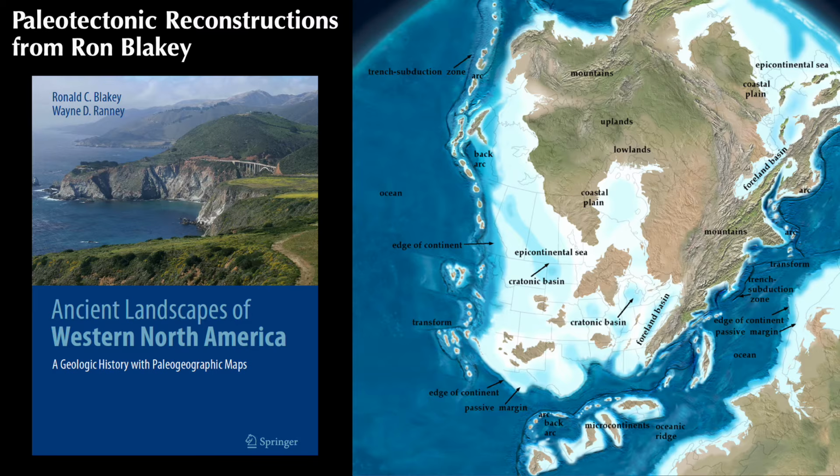And their paleogeographic maps include a lot of nice detail as shown on the right-hand image, including topography that might be associated with different types of plate boundaries, for example, trenches versus mountain belts, different types of oceanic and continental basins, etc. So I'll be using a lot of these paleogeographic maps to illustrate the tectonic evolution throughout this lecture.